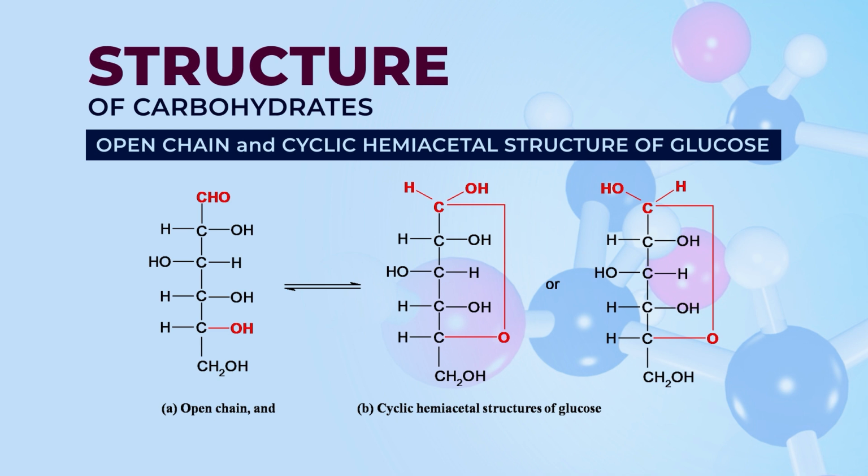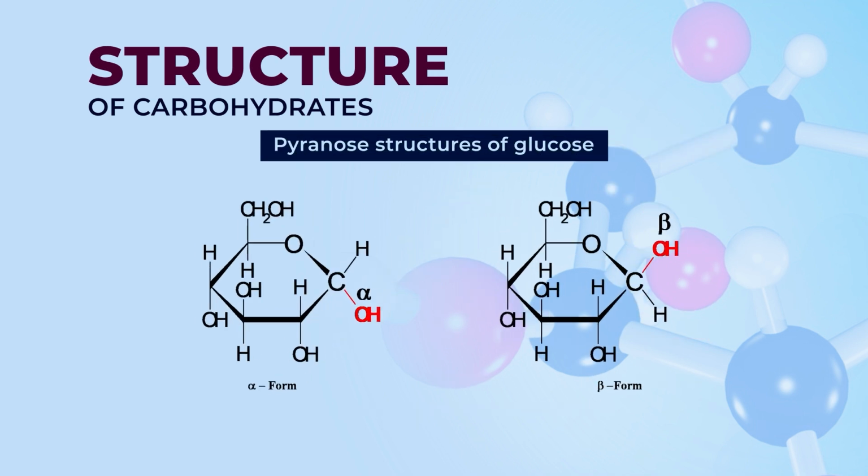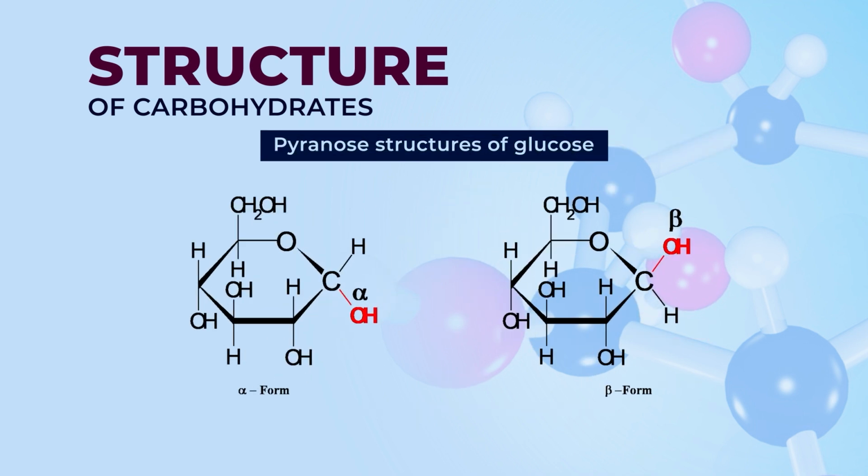So, it was observed that number 1 and number 5 interact, and during their interaction they can create two forms, at the carbon which is called the asymmetric carbon atom, where the OH could be on the left side, and in the other the OH could be on the right side. Just see this. So, on the polarization of light, in the alpha form the OH group will be below the plane, and in the beta form the OH will be on the top.